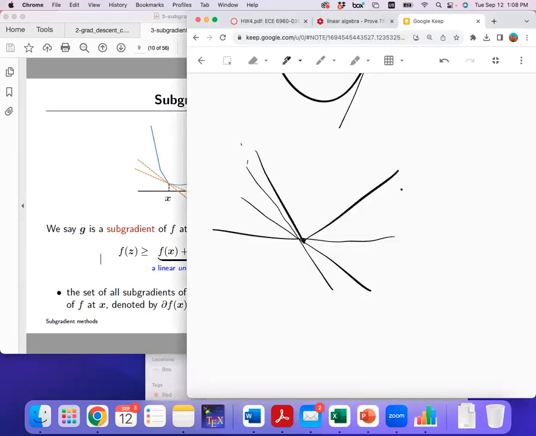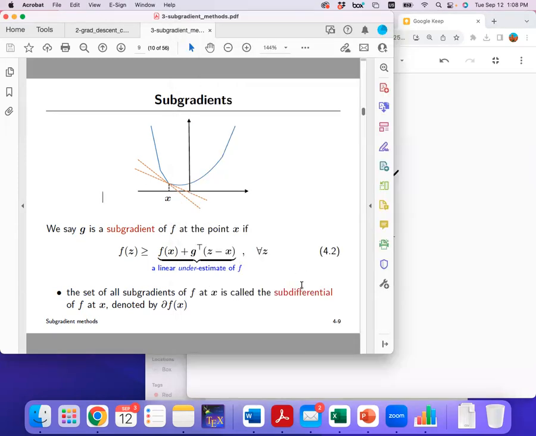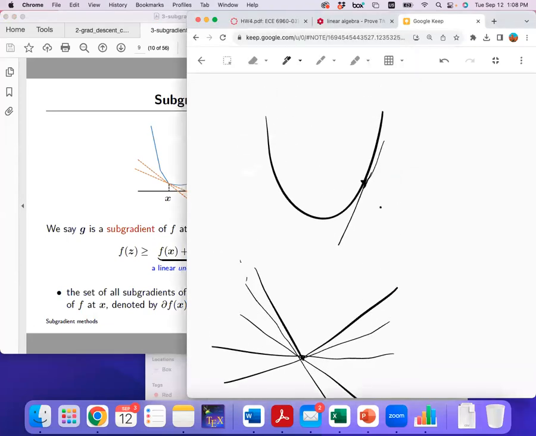So in this case, all these supporting lines, their slopes form the subdifferential. And you can see if a function is differentiable, then the subdifferential is simply the gradient, because we just have a single supporting line at every point.